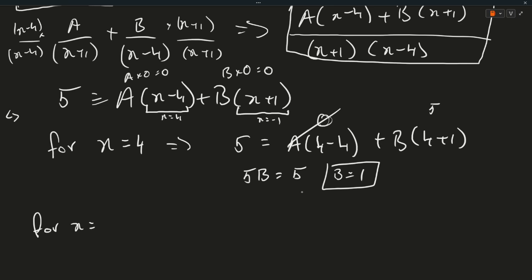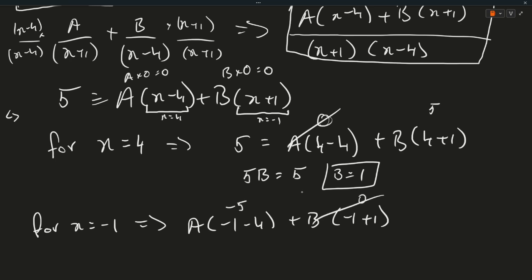Then for x equals minus 1, we have a lots of minus 1 minus 4 plus b lots of minus 1 plus 1. This is 0. This is minus 5, therefore minus 5a is equal to 5, and a is equal to minus 1.